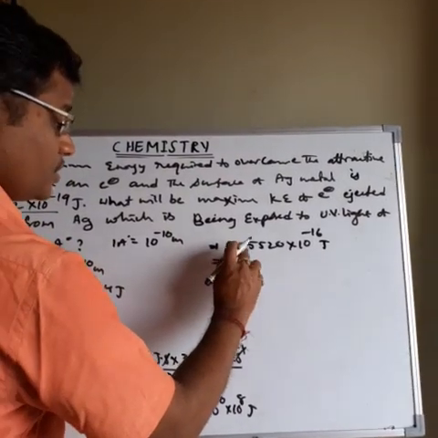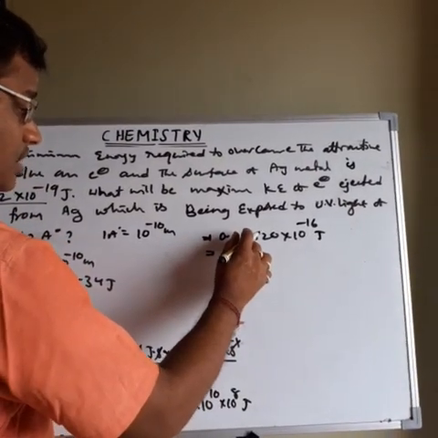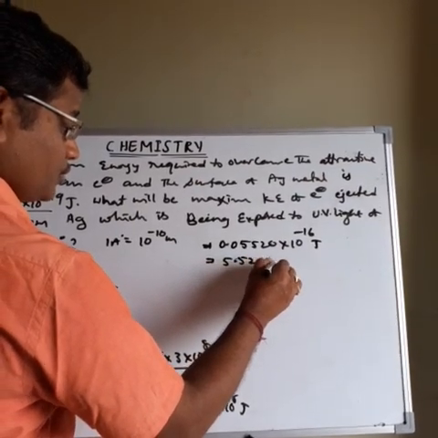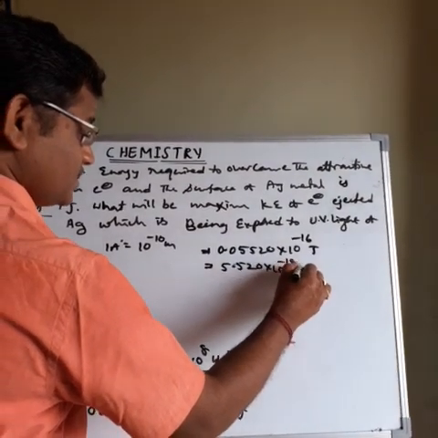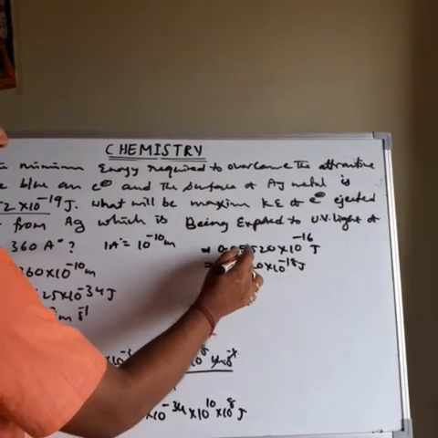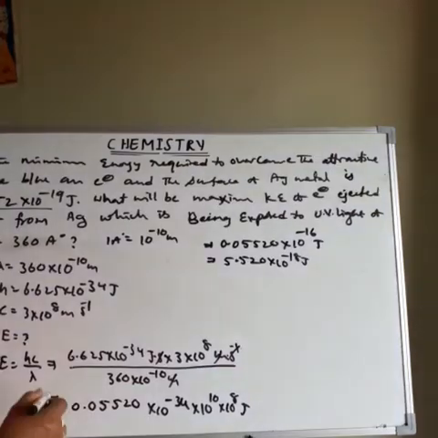Then change the point here by 2 digits. Then what we get? 5.520 into 10 power minus 18 joule will come, because after moving the point 2 digits, 10 power minus 18 joule will come. That is energy.